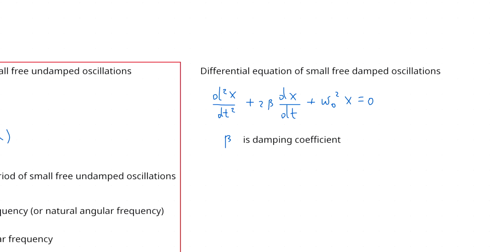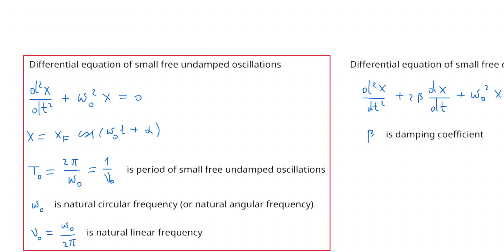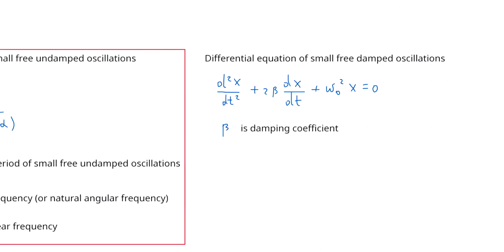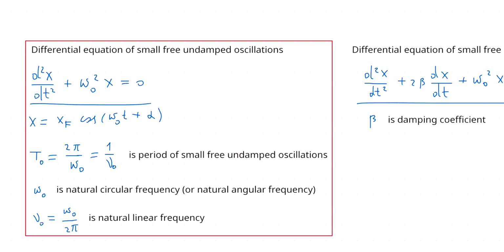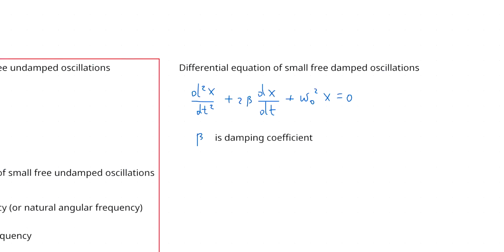Okay, what can we say about this equation? As you can see, the equation of undamped oscillations that we had before and this equation look very similar. But the second equation has an additional term.